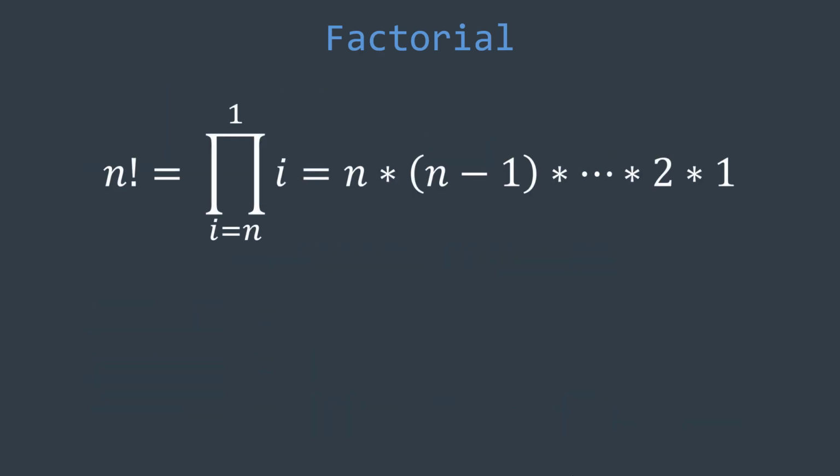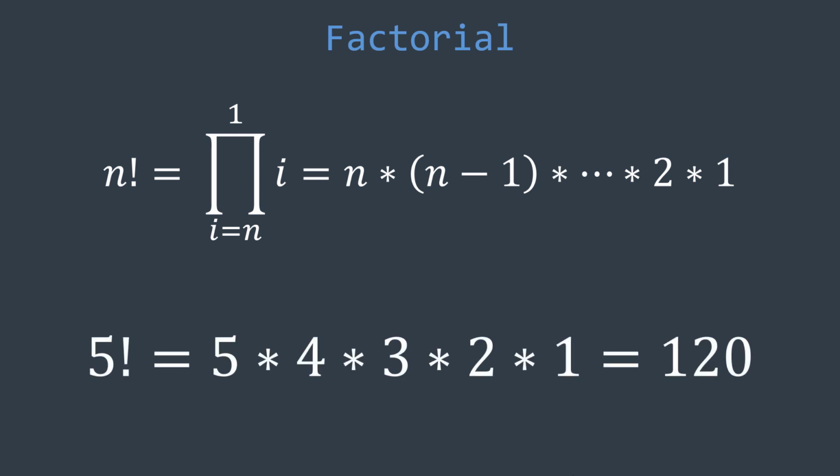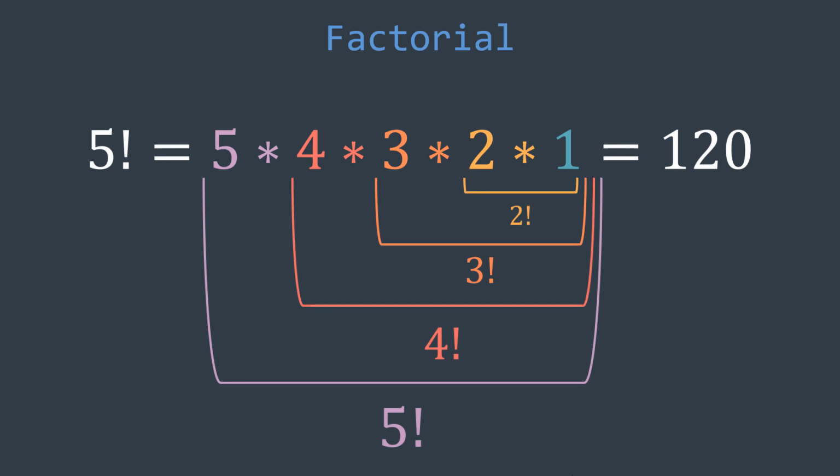Let's start with factorial. Factorial n is basically the product of all integers from n to 1. For example, 5 factorial is 5 times 4 times 3 times 2 times 1, for instance. And it has a recursive nature because n factorial is n times n minus 1 factorial, and the base case is 1 factorial, which is just 1. So yes, I could introduce recursion with factorial function, and I know that it's easier to understand than Tower of Hanoi and merge sort.